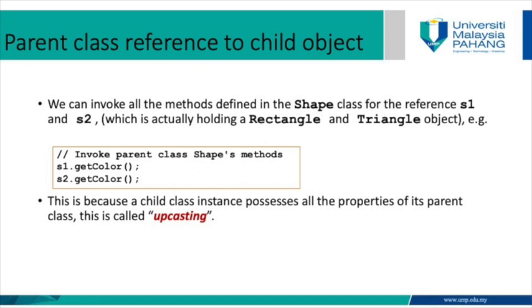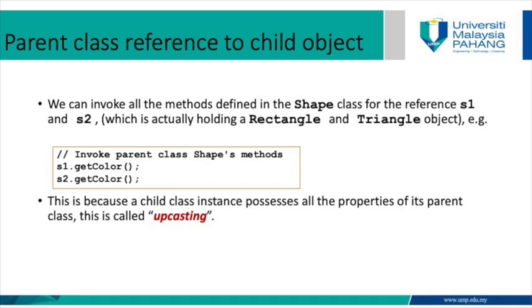For example, here is how we can invoke the parent class Shape's method. In the Shape class, we have the method getColor. How can we invoke the method getColor from the parent's methods?